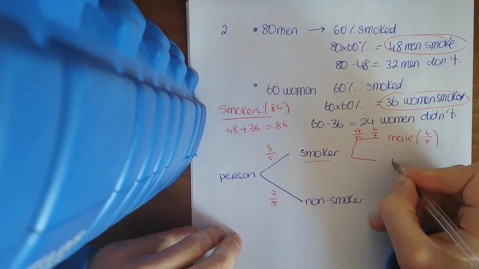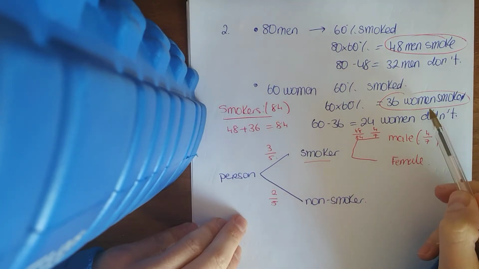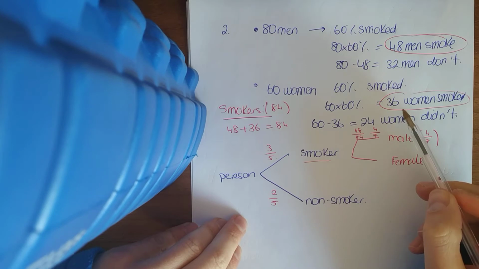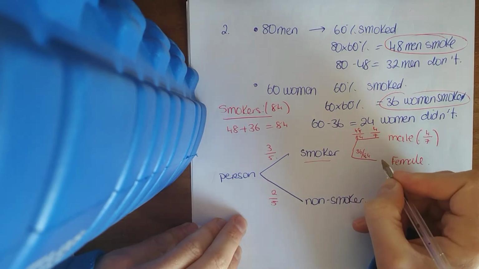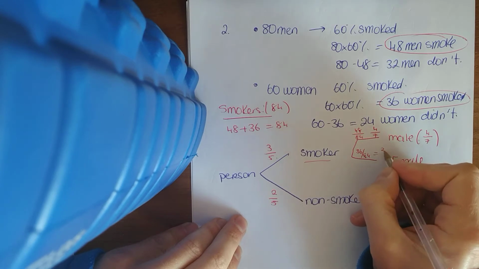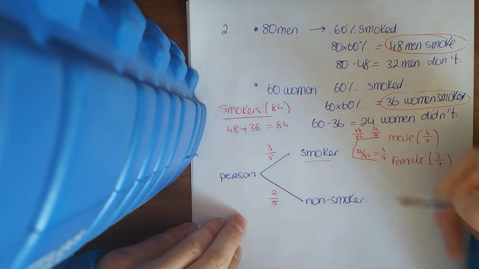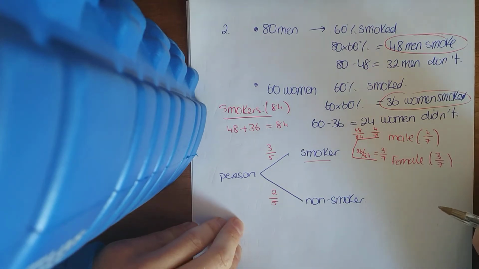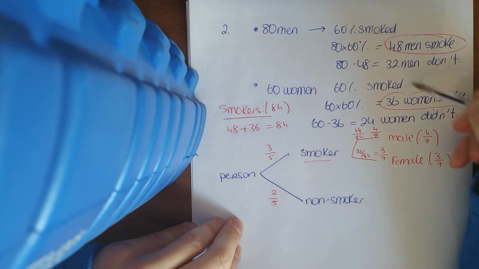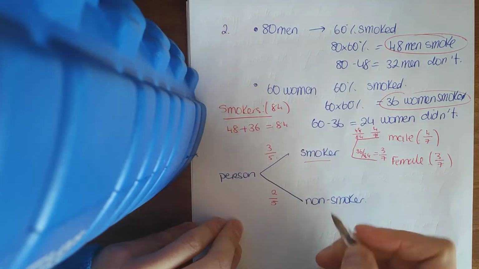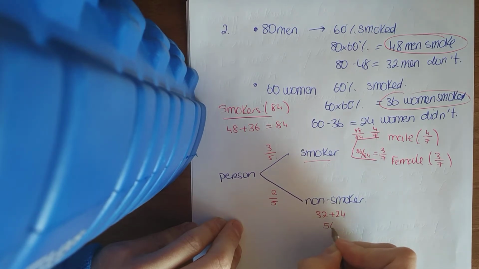Then for your female who smokes, so you must smoke to be into this, a female who smokes is going to be 3/7. But to work it out, it's 36 over 84. Throw that into your calculator and you get 3/7. Again, on the branches, they add up to 1. That's how I knew that was going to be 3/7. Then for your non-smokers, we have 32 and 24, which is what, 56 non-smokers.